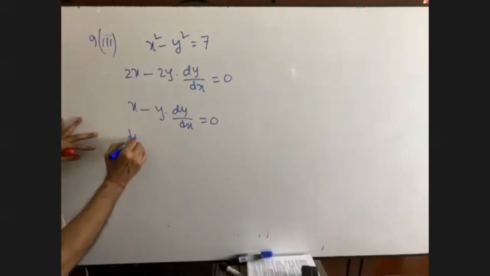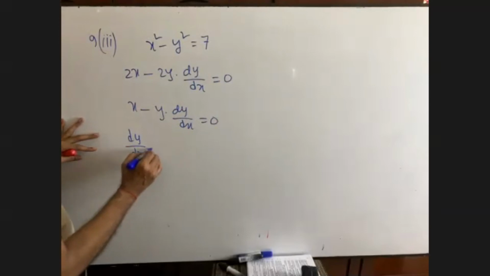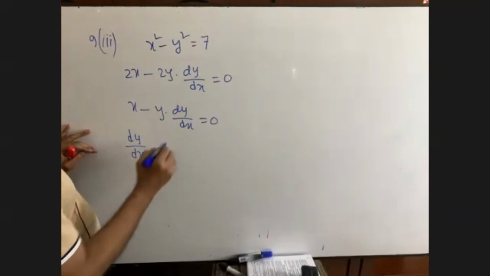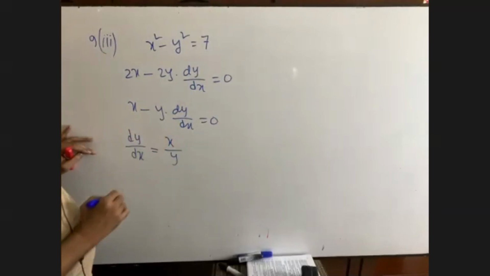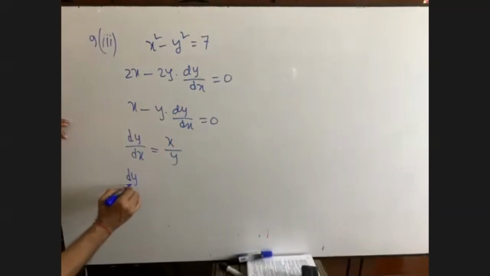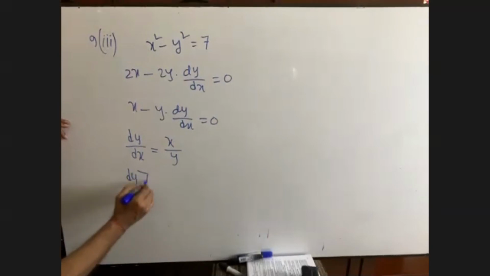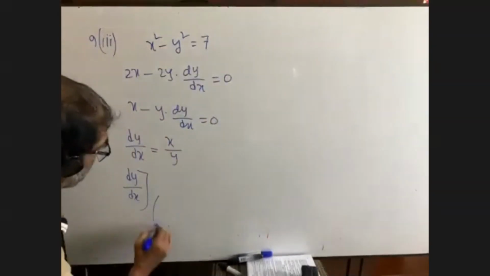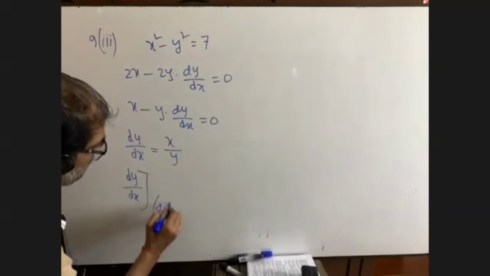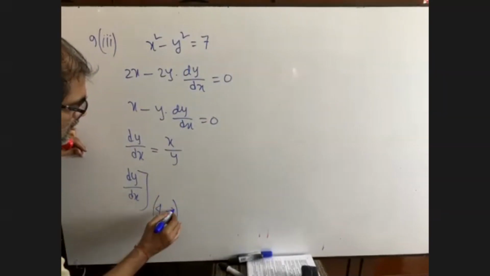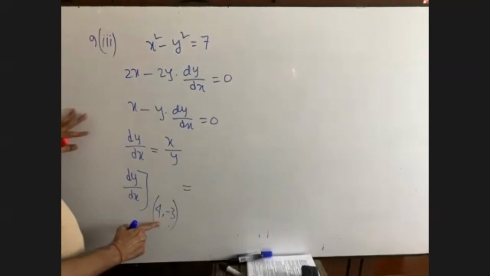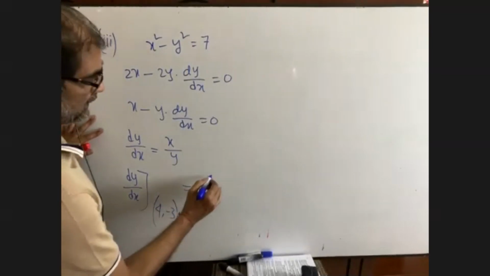That is, dy by dx equals x by y. That is dy by dx at the point (4, -3) equals what? The value of x is 4, the value of y is minus 3. So it is minus 4 by 3.